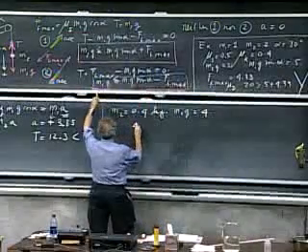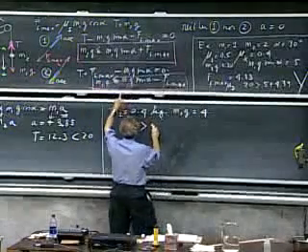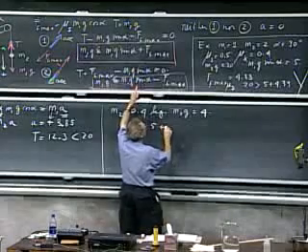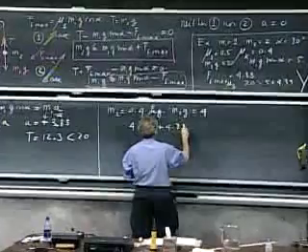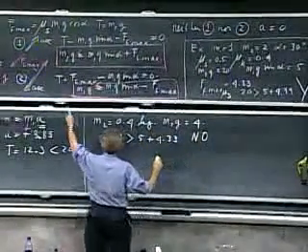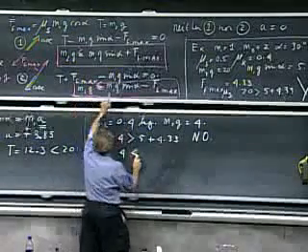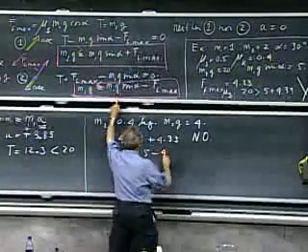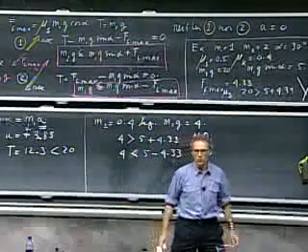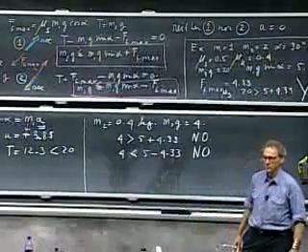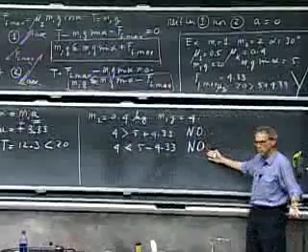Is m2g, which is 4, larger than 5 plus the static frictional force, 4.33? The answer is no. I'm going to test for my second case. Is m2g smaller than 5 minus 4.33? The answer is no. So what do we conclude? What must be our conclusion? Condition 1 is not met. Condition 2 is not met.